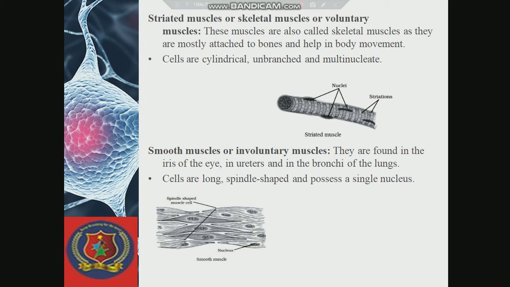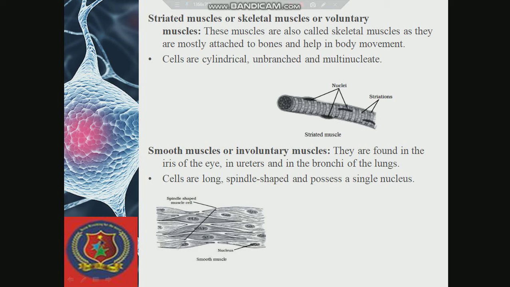The cells of these tissues are quite long, cylindrical and unbranched. That is, they do not have any branches, but they have many nuclei, and hence they are called multinucleate. In the diagram of the striated muscles, you can see the alternating pattern called striation, and the dark spots are the nuclei.